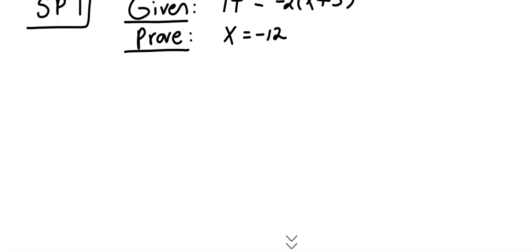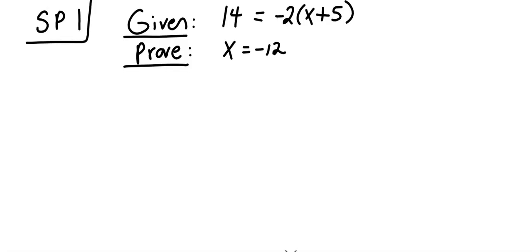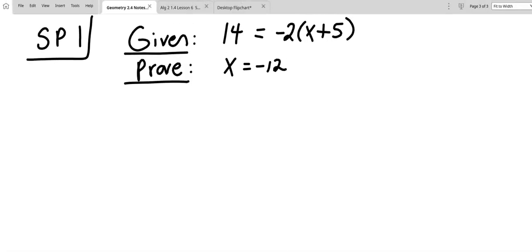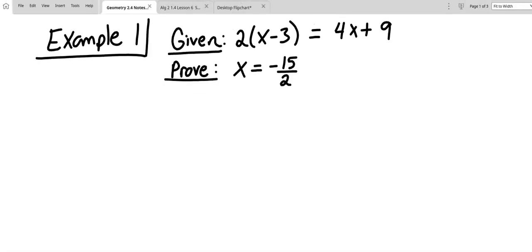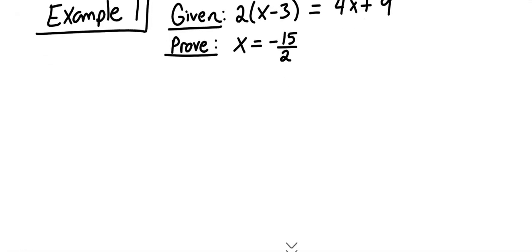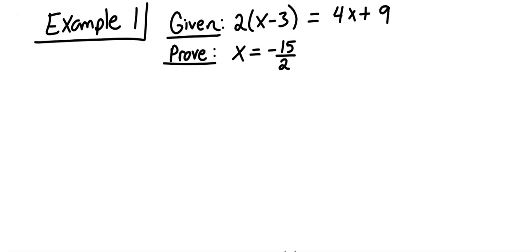Go ahead and flip those notes over. We're going to do something on the back here now. Go ahead and copy down example 1, and I'll show you how we'll kind of get used to these things that are called proofs in geometry.